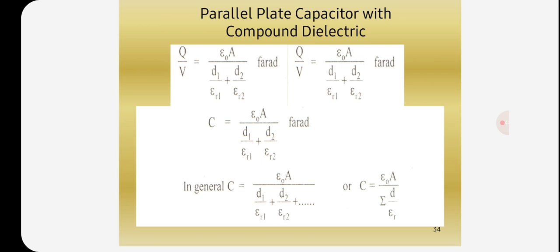In general, C is equal to epsilon naught A by d1 by epsilon r1 plus d2 by epsilon r2 plus so on, or C is equal to epsilon naught A by sigma d by epsilon r.